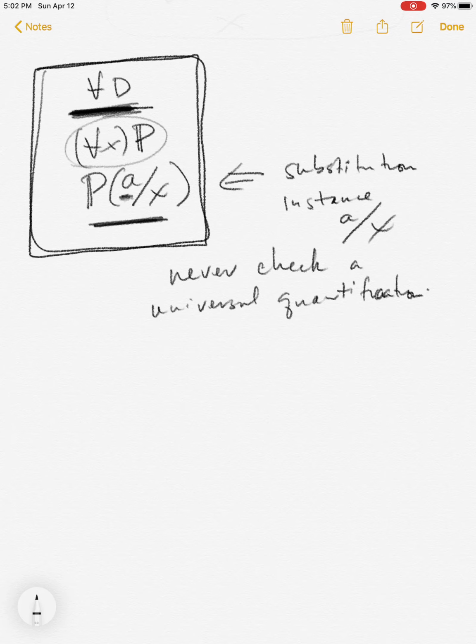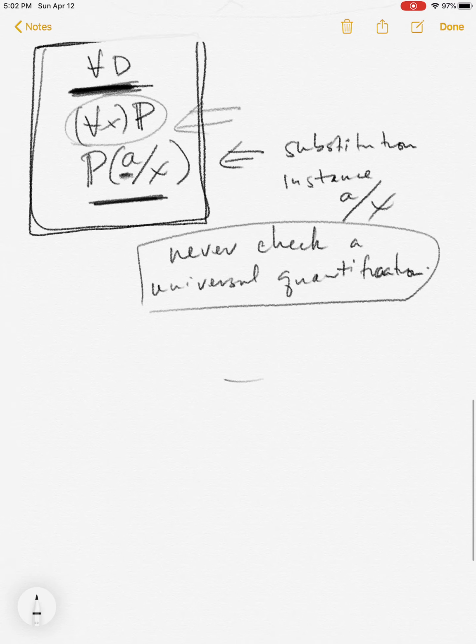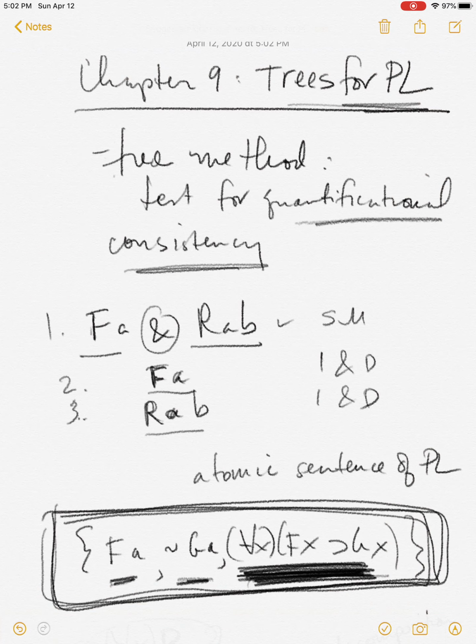So we never check a universal quantification. We can always go back and reinstantiate, writing down yet another substitution instance of that universal quantification, and there are going to be times that we'll see where we actually need to do that. Don't worry about that.